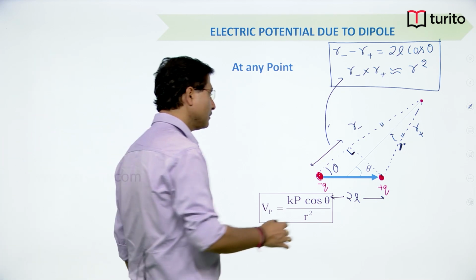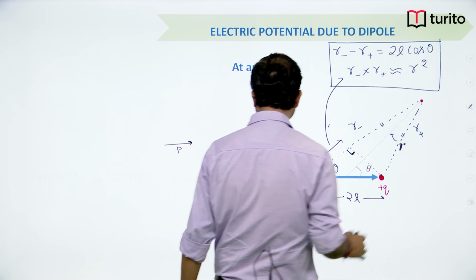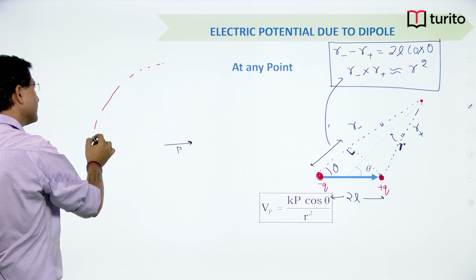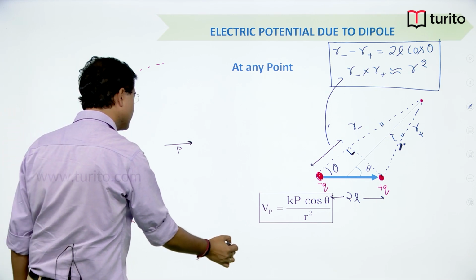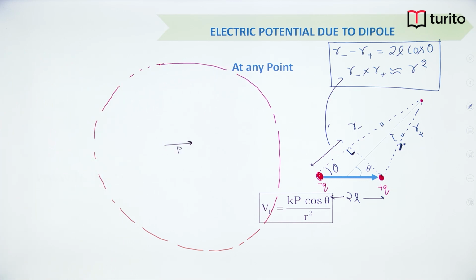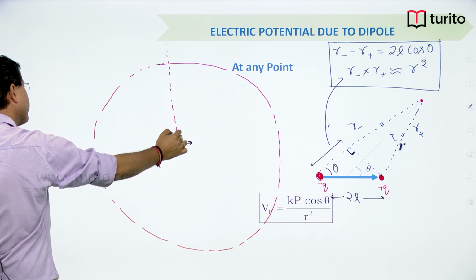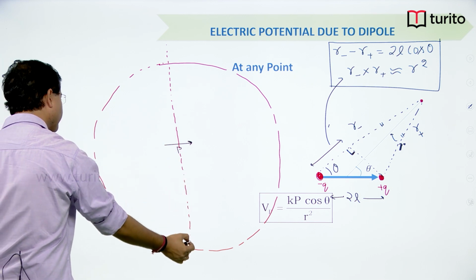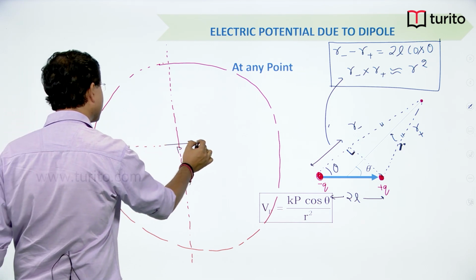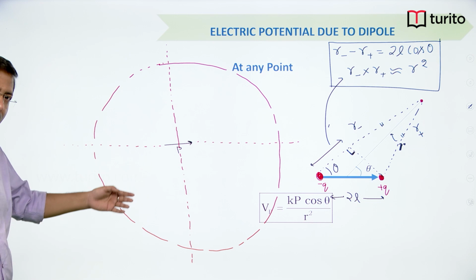If I draw a circle of radius r, so I kept the dipole at the origin.